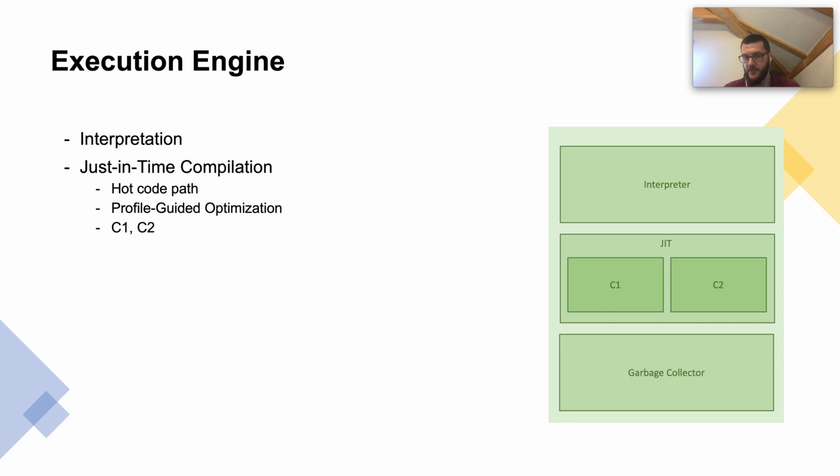Both of them do certain optimizations. Today, tiered compilation is on by default, which means that the C1 and C2 compilers are both used. First C1 kicks in, and then C2 kicks in. On the diagram, they are shown as equal, but essentially the C2 JIT compiler is the one that does all the super sophisticated stuff.